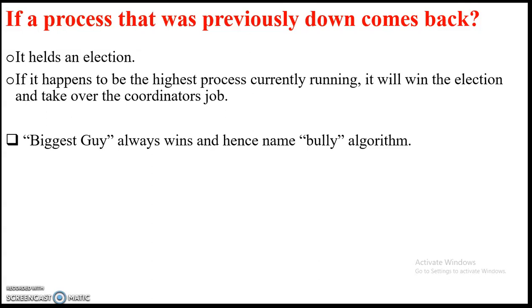So the concept is that the biggest guy always wins, and hence the bully algorithm. The biggest guy in our illustration was 8, which crashed, but ultimately 7 was the process with the highest priority number, so 7 got elected as the coordinator.